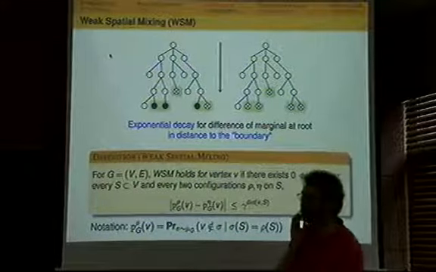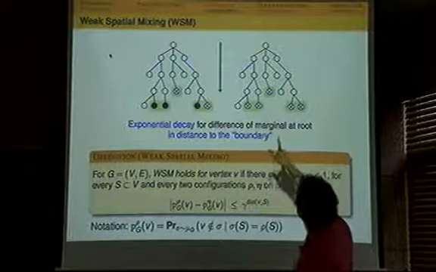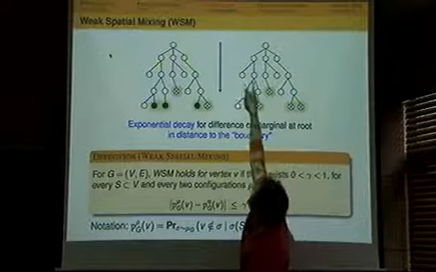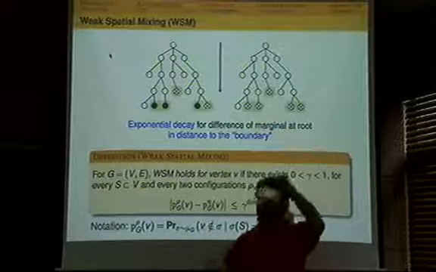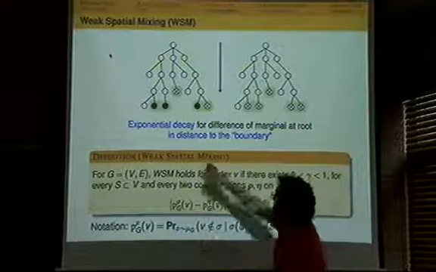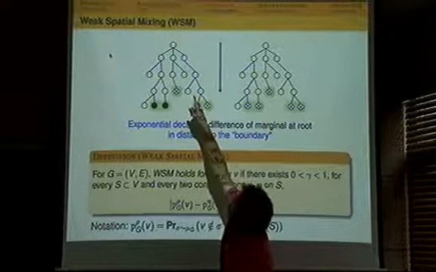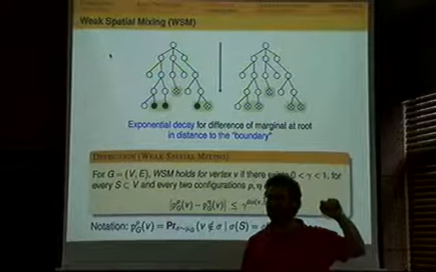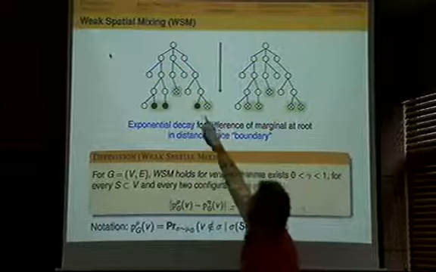Okay? So, but notice, there might be one green guy which is close to the root, which I fix to be occupied or unoccupied. But maybe I take a child of the root and I fix it to be occupied in both. And the only differences are down here.